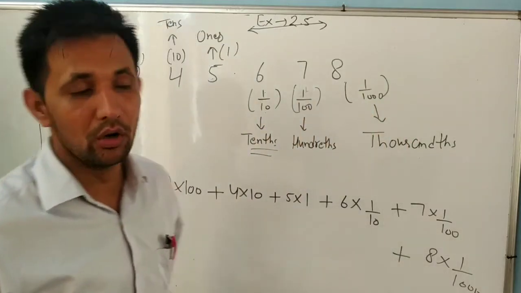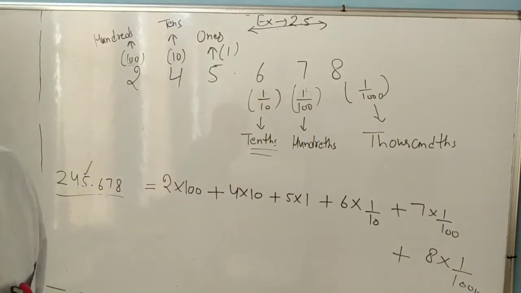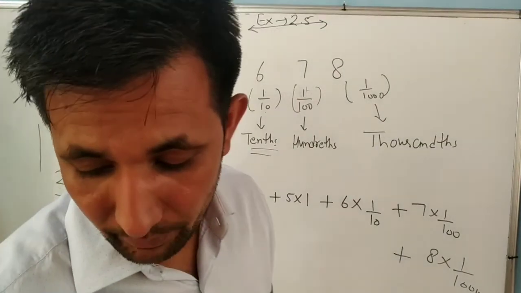Digit multiplied by its place value. So we have to represent in expanded form like this. Understand it?